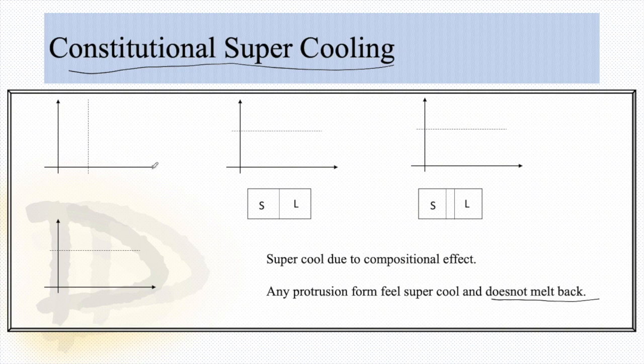This is the graph showing composition against temperature. For the simple phase diagram, we study two temperatures, T and T prime.